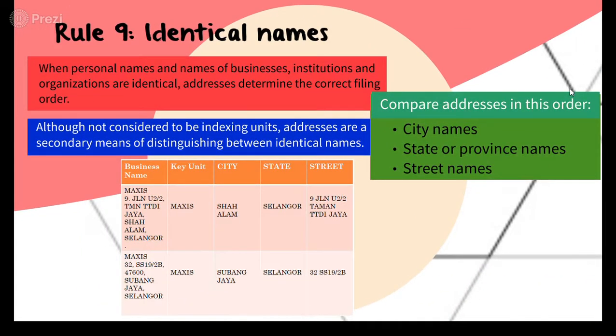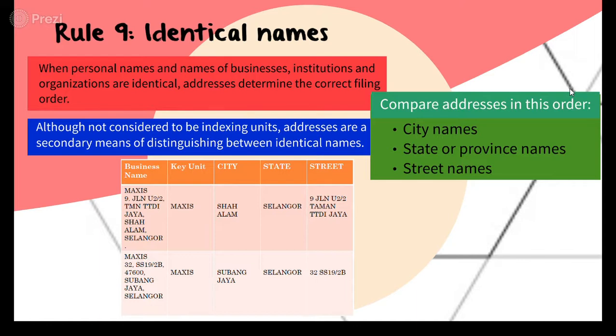The last rule, rule number 9, identical names. When personal names and names of businesses, institutions, and organizations are identical, addresses determine the correct filing order. Although not considered to be indexing units, addresses are a secondary means of distinguishing between identical names.